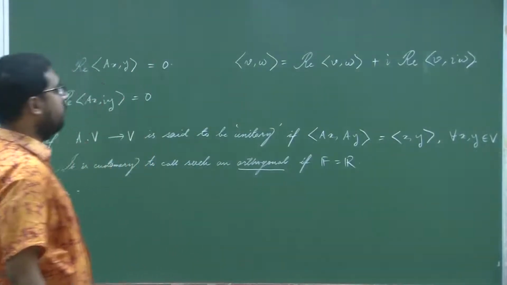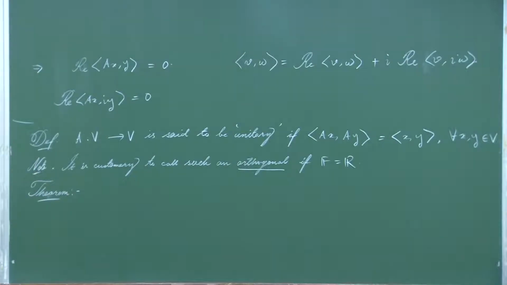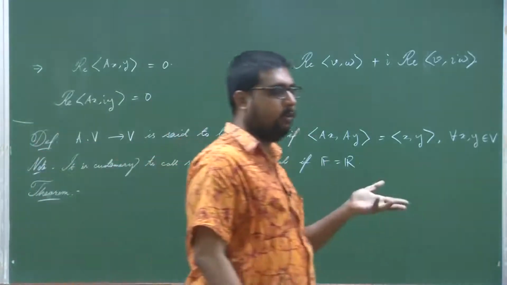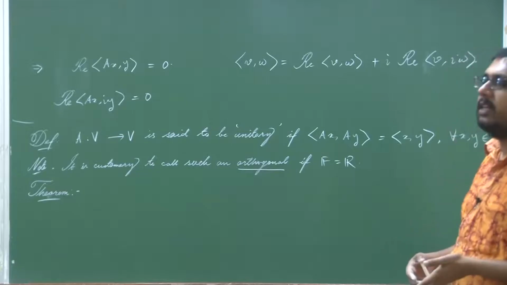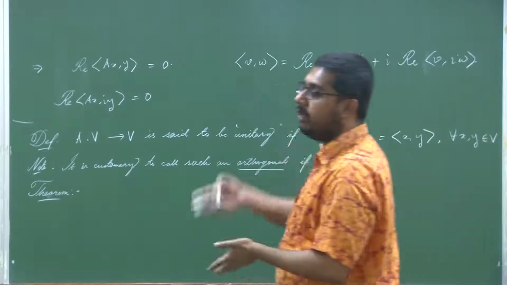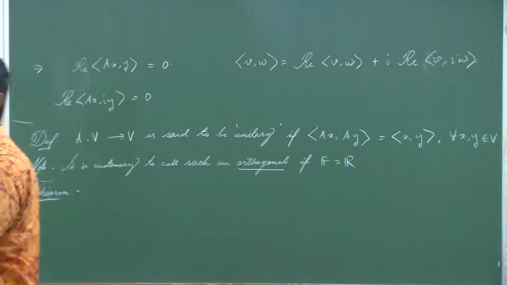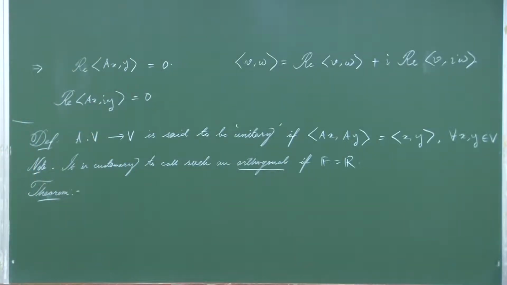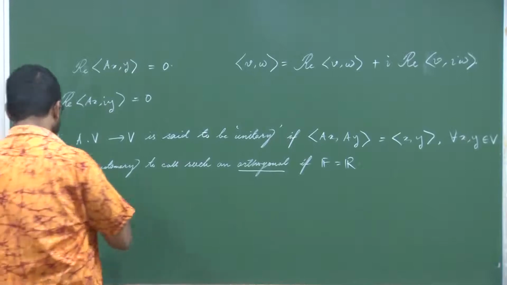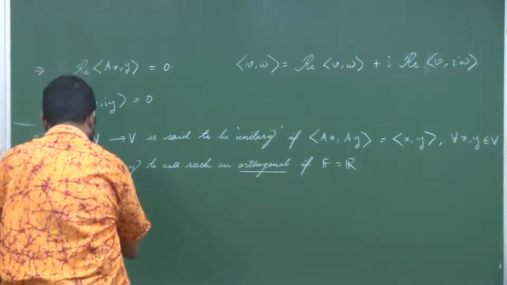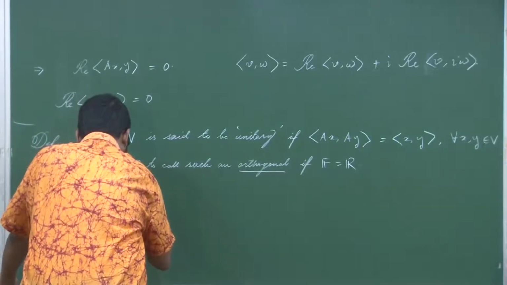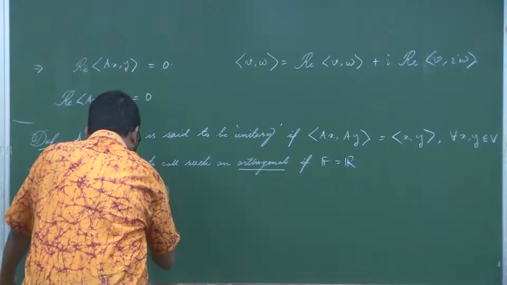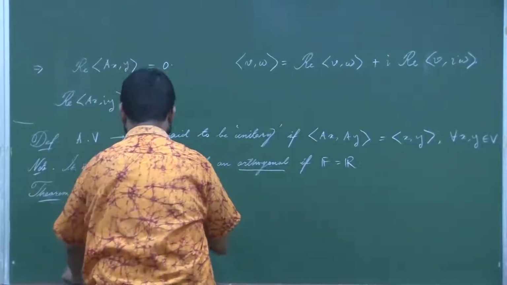For an orthogonal map we showed some properties are equivalent. What are the properties? It is orthogonal, it preserves norm, or it sends an orthonormal basis to an orthonormal basis. Now, we are going to establish that for a general unitary map. So, the following are equivalent.